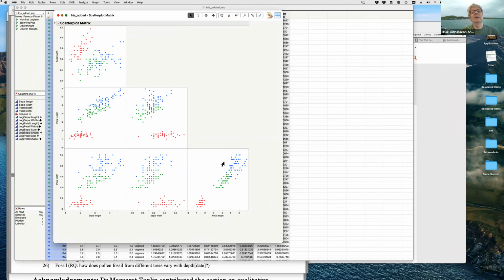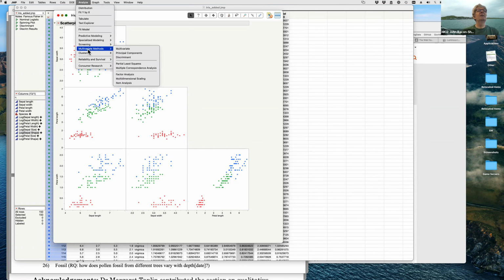Okay, so we can either look at it as predicting the petal and sepal sizes from the species, or we can say, can we predict the species from these measurements? So we can look at it in both ways.